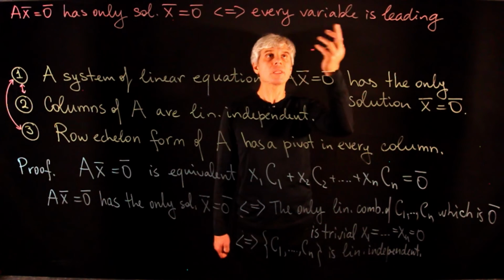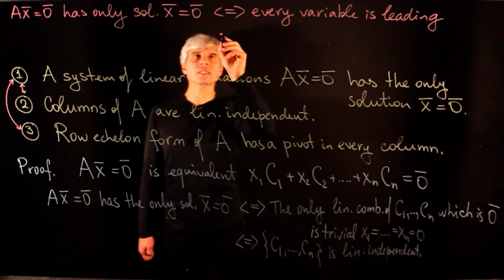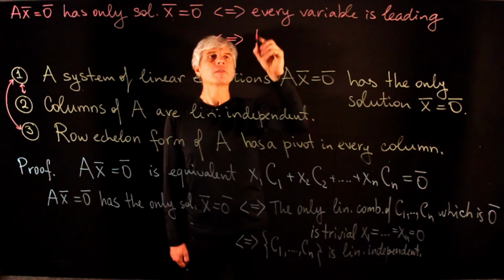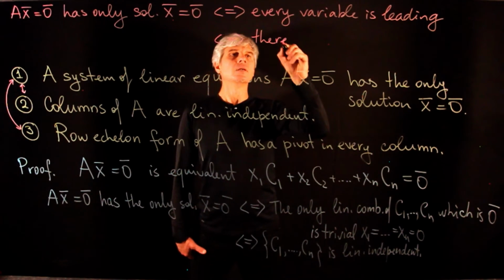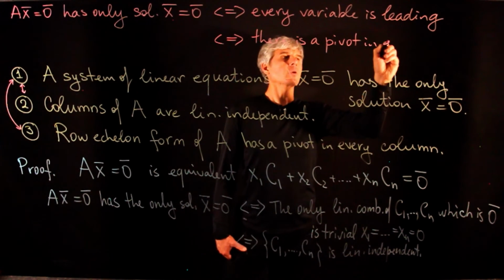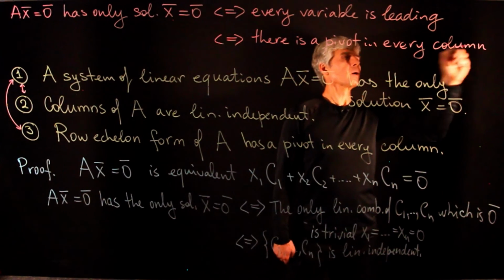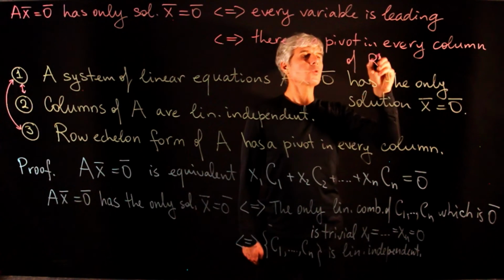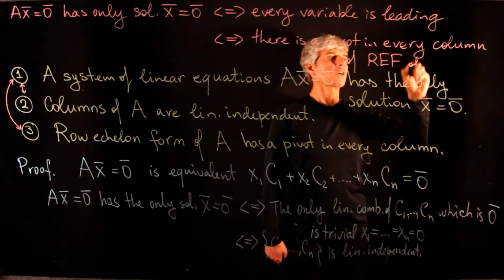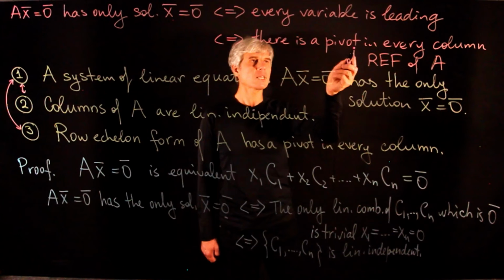And what does it mean that every variable is leading? This happens if and only if there is a pivot in every column of row echelon form of A. So this is how we get leading variables.